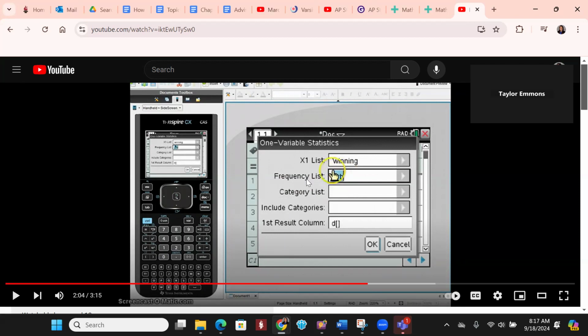So instead of it being like one iteration per number, it's going to be the probability of that.